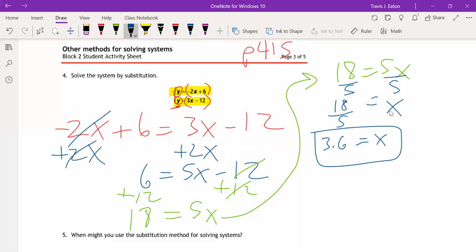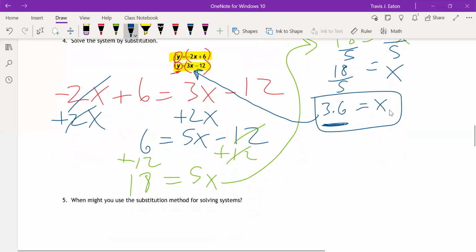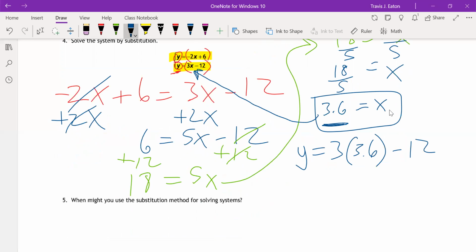Now that I know what x is, I can take that value and put it in for x in any one of these other two equations. So let me put it into this one right here, where that x is. That was y, because now I have to figure out what y is. y equals 3 times x, which x is 3.6, minus 12.